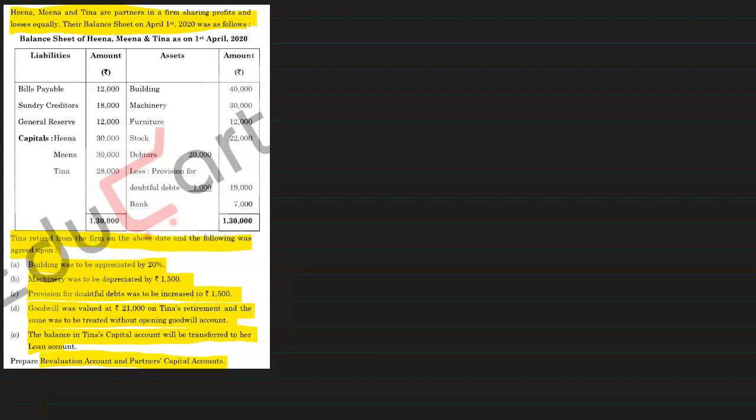So this is a simple question where we have to just make the revaluation and partners' capital accounts. In this type of question, at first we calculate the new and gaining ratio. This is the very first step.